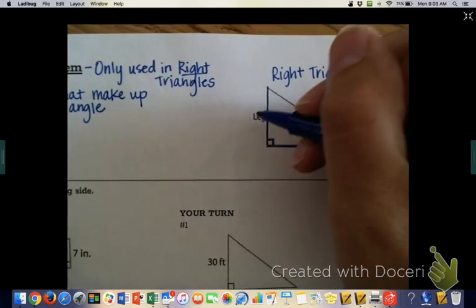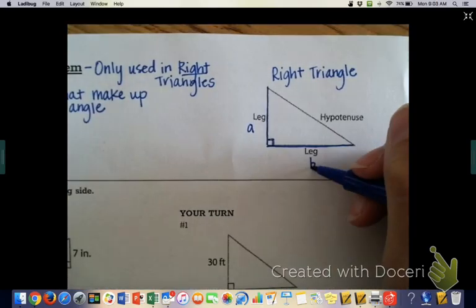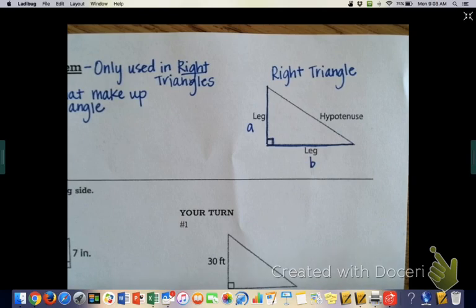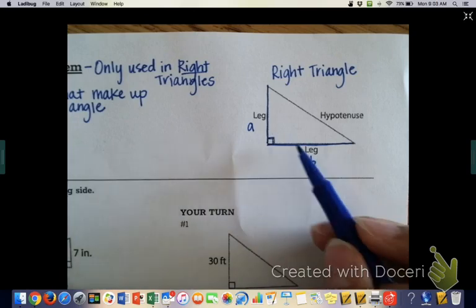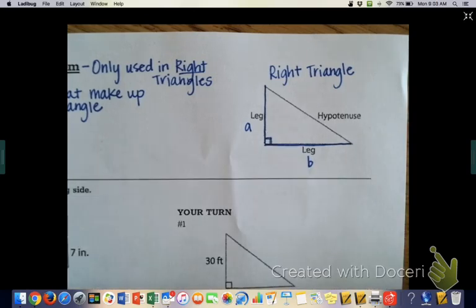Also, a lot of times they are called A and B. In fact, in the formula, they are the A and the B. And because of this, we're going to end up adding them together.